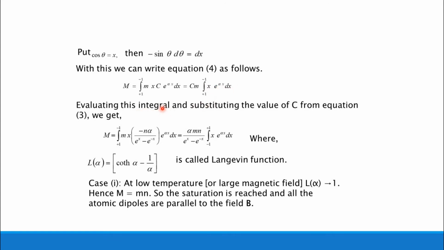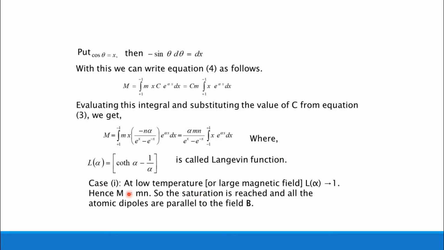Evaluating this integral and substituting the value of c from equation 3, we get M = ∫ of m (-nα)/(e^α - e^(-α)) x e^(αx) dx, which equals mn L(α), where L(α) = coth α - 1/α is called Langevin's function. We shall discuss two different cases here.